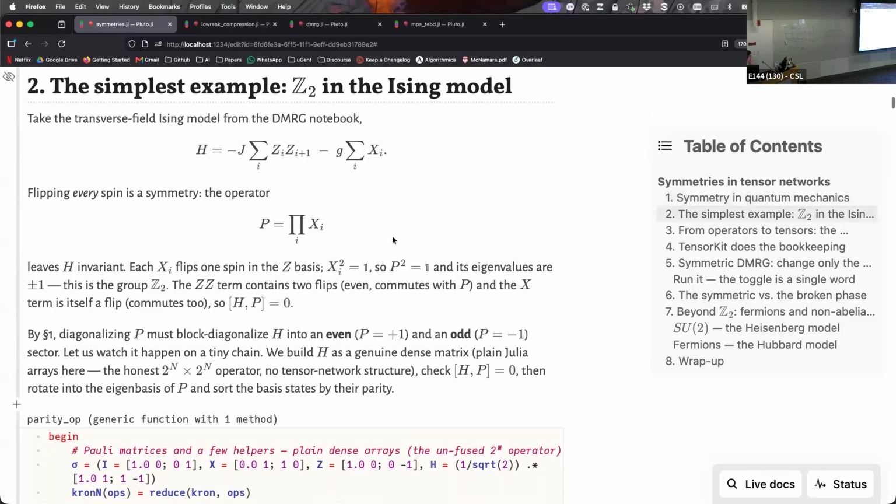The simple example, apparently our favorite example, is the Ising model. The operator that is the symmetry here is that if I do a flip on all of the spins that I'm acting on, then this commutes with the Hamiltonian. You can check this by manually computing it, or you can believe me that this is the case.